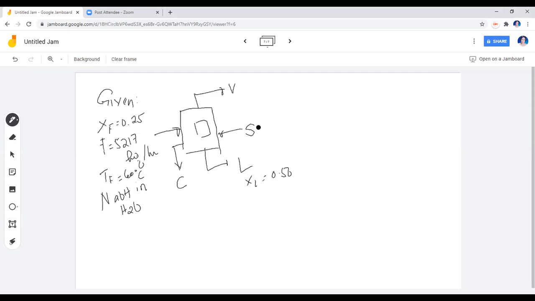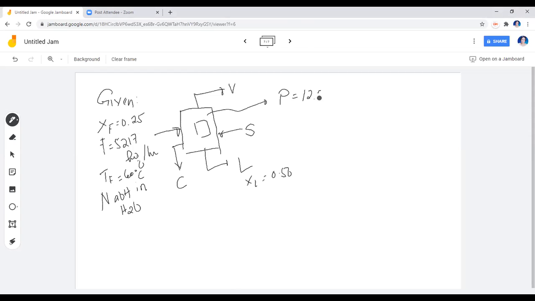Now the vapor space pressure, I'll just write it here because I cannot fit it there. Normally we write the operating pressure above the vapor space of our evaporators. In our case, the pressure is 12.7 kPa.